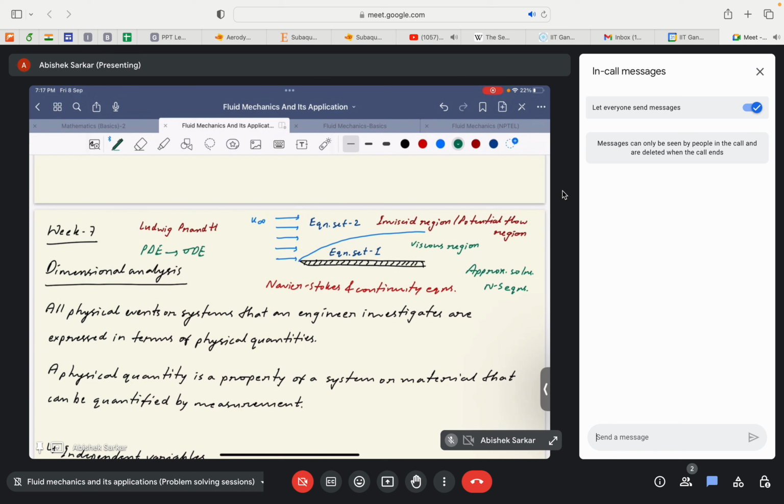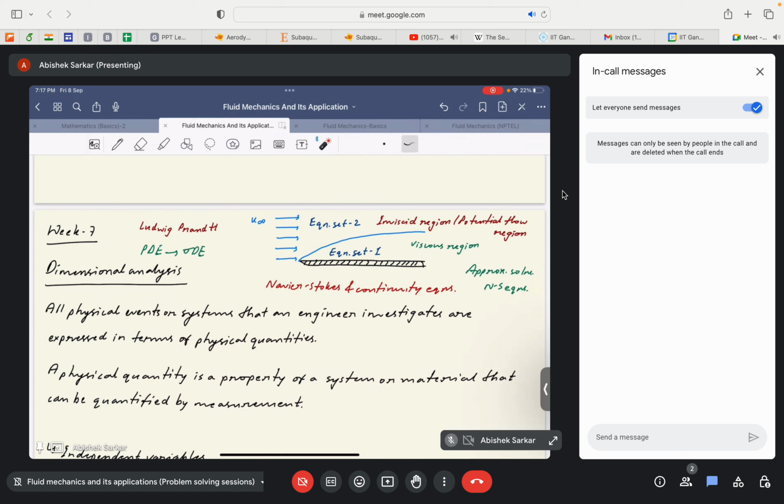But here in the case of boundary layer theory, we make certain approximations to the scales that we use to derive these equations, and that's why these are considered to be approximate solutions and not an exact solution to the Navier-Stokes equation.